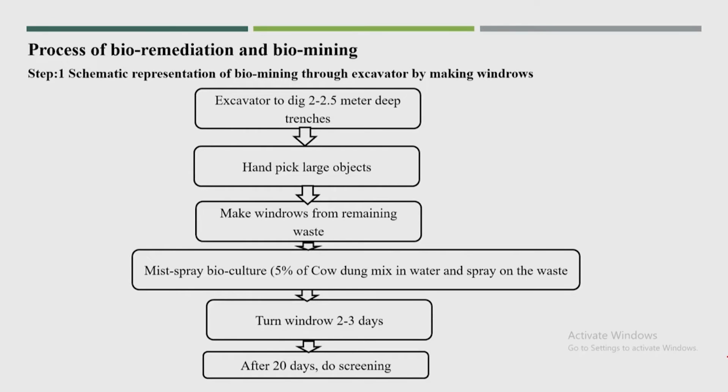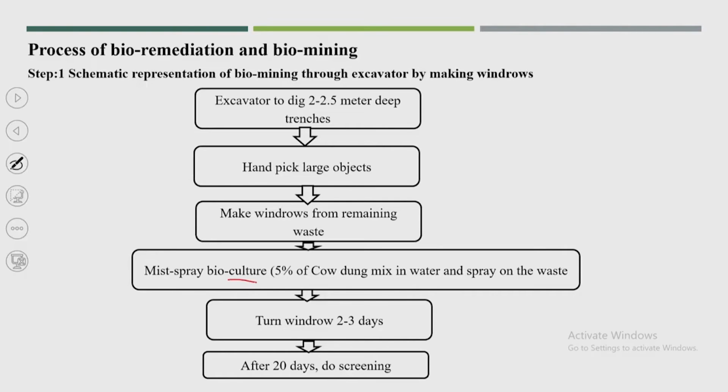So, try to hand pick whatever is possible, the recyclable matter or large material which could be utilized for some other purposes. Otherwise, you go for windrow with the remaining waste, and when you go for windrow, add 5% cow dung, mix in water and spray onto the waste. That could be your bioculture.